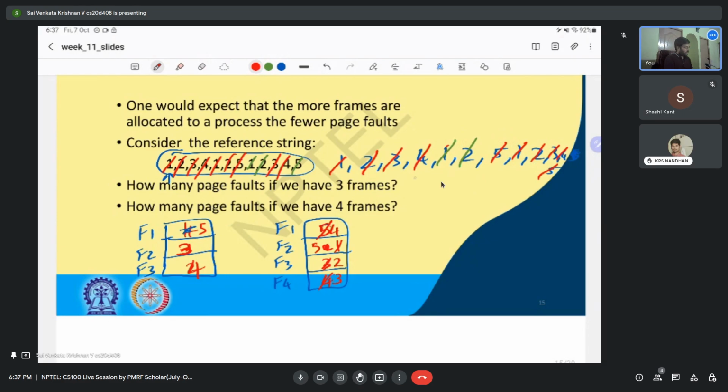Okay. So the reason is, if you consider where this difference occurs: if you increase the number of frames, say at this position, 1 and 2 are hits, and now 5.